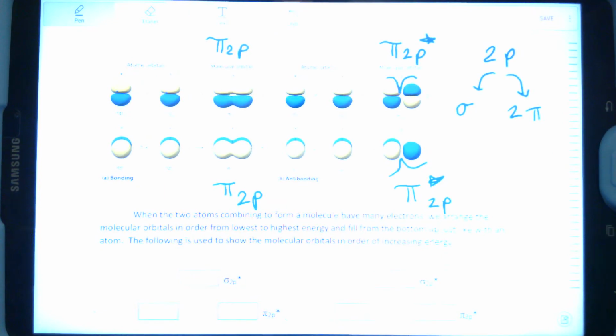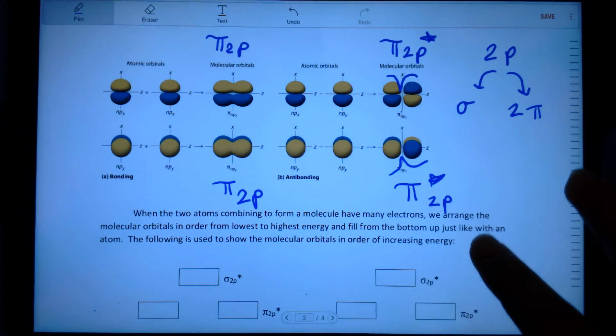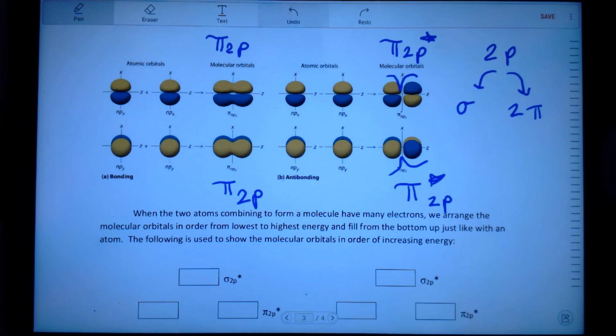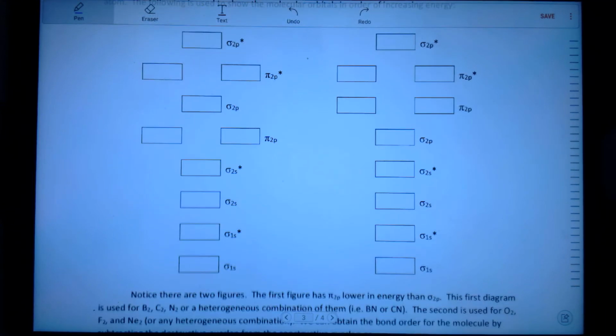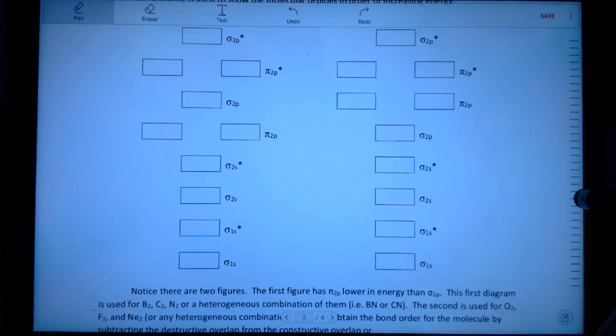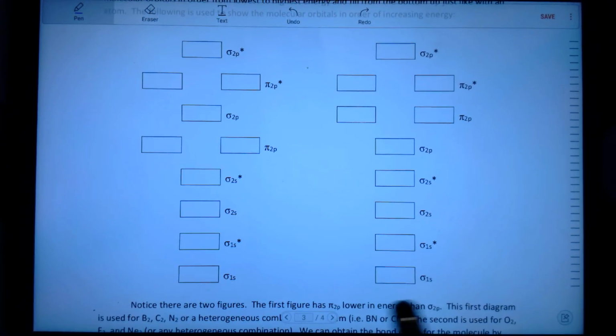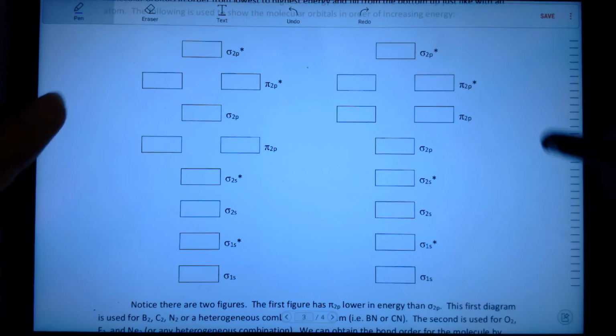Let's go back now and show you the shorthand for what we just did. It's a little bit easier to represent it this way with just some boxes. I've essentially eliminated the atomic orbitals I used on the side to build these, so I'm just looking at the molecular orbitals.